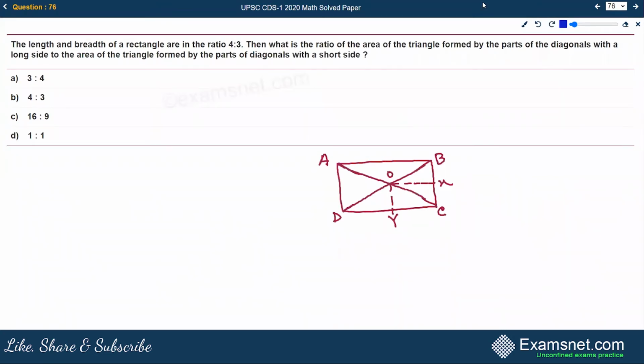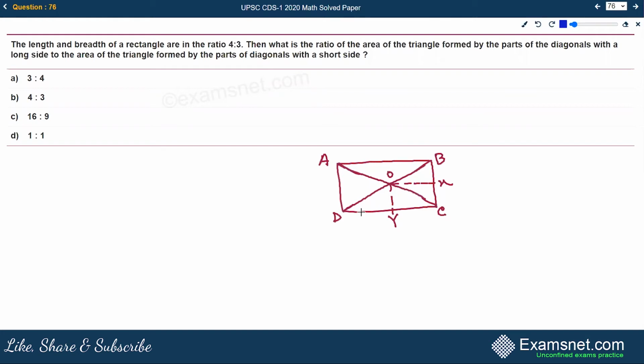In question number 76, the question is given the length and breadth of a rectangle are in the ratio 4:3. Then what is the ratio of the area of the triangle formed by the parts of the diagonals with a long side to the area of the triangle formed by the parts of the diagonals with a short side? Let me explain it.